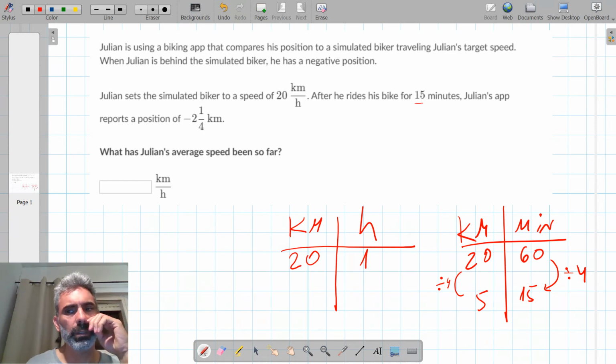Okay, so at the 15 minute mark, the simulated biker is at 5 kilometers.